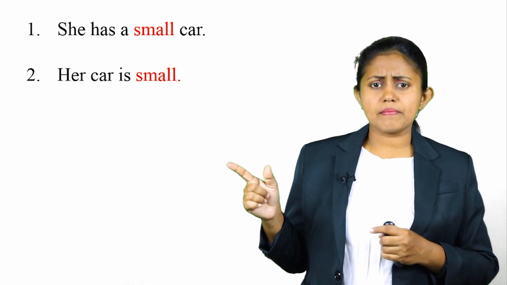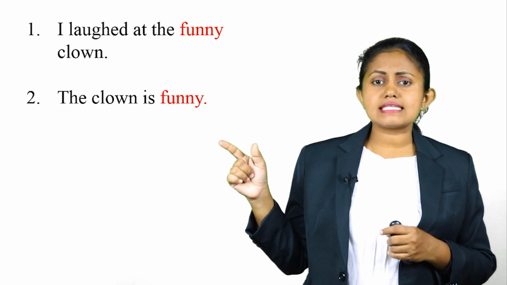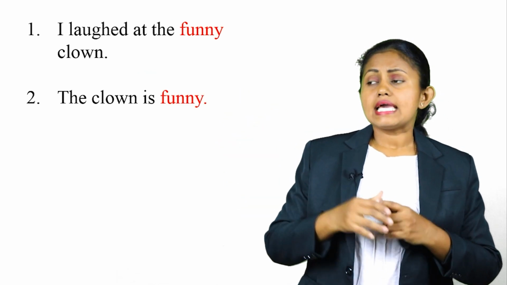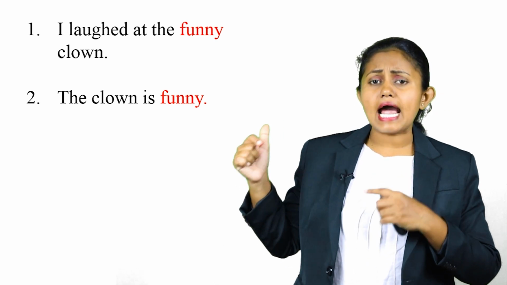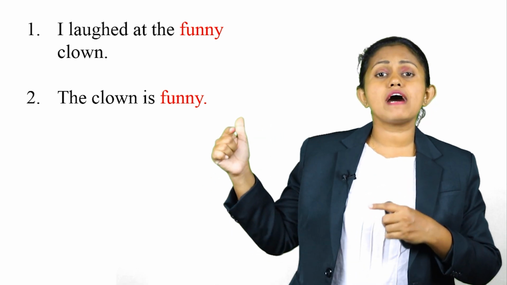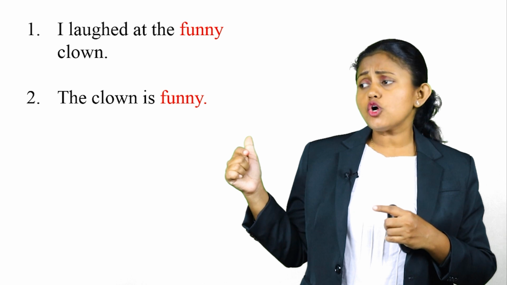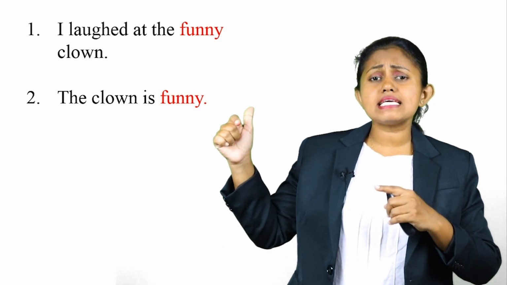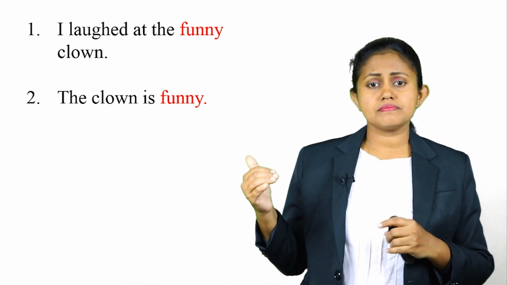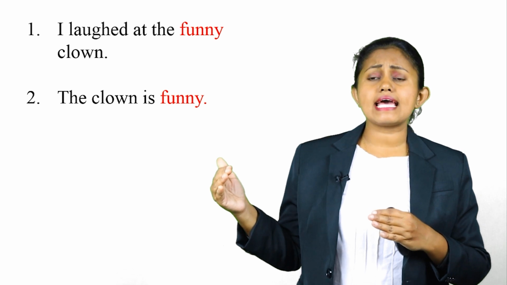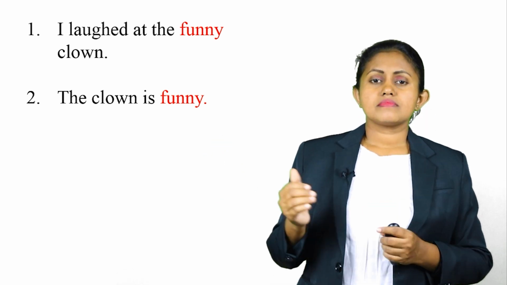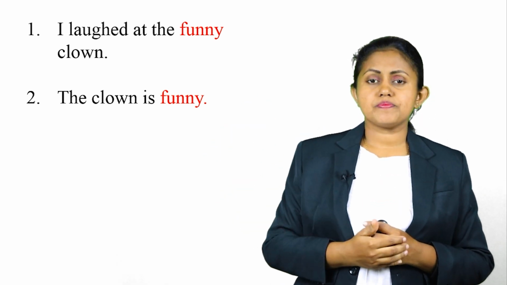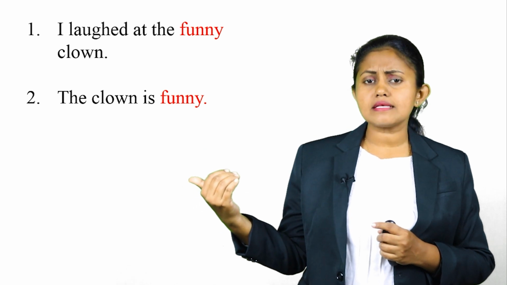Let's see more examples on this. I laughed at the funny clown. Here the clown is described by the adjective funny. And also the adjective funny is before the noun. So here we can say that the adjective is an attributive adjective. But look at the second sentence.